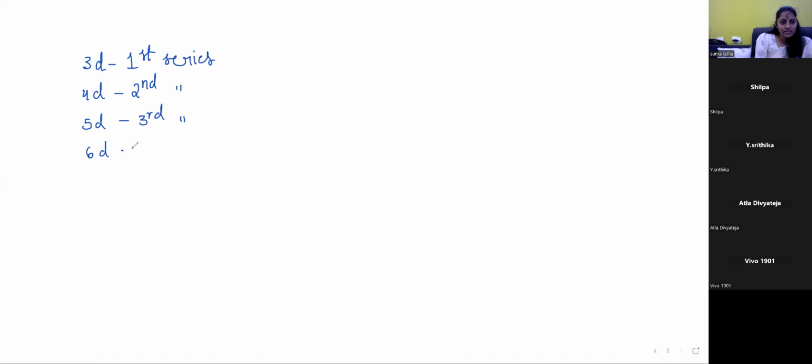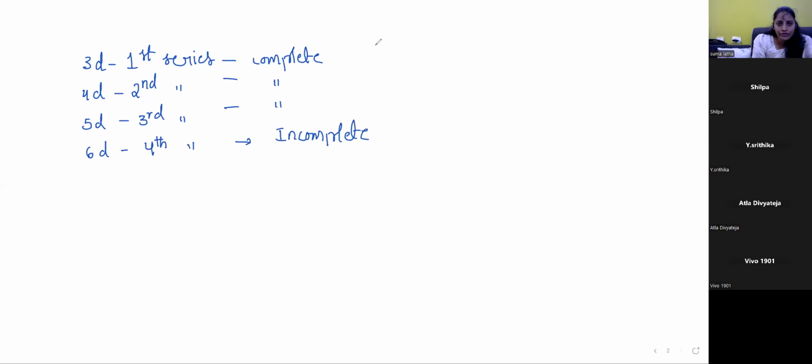The 6d series is the fourth series of the d block. These three are completely filled series, complete series, but this one is an incomplete series.